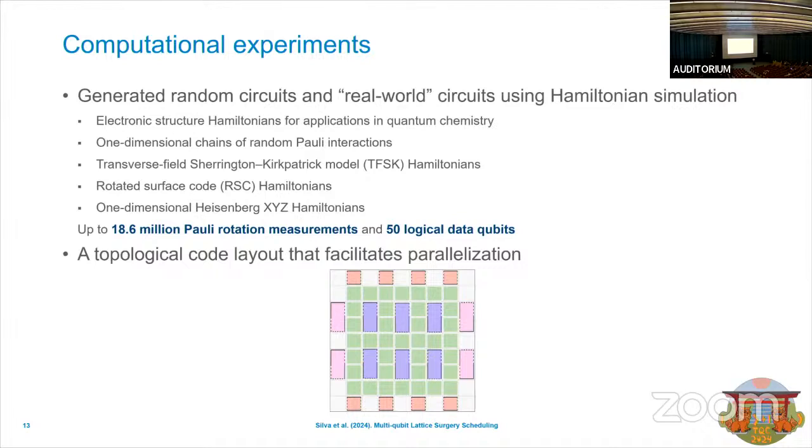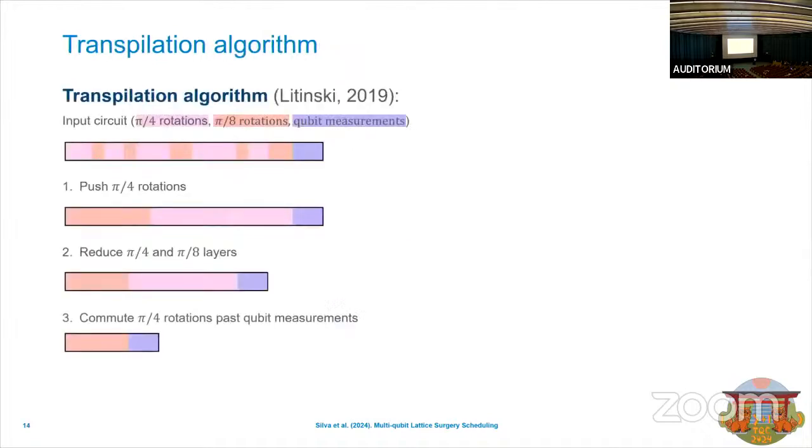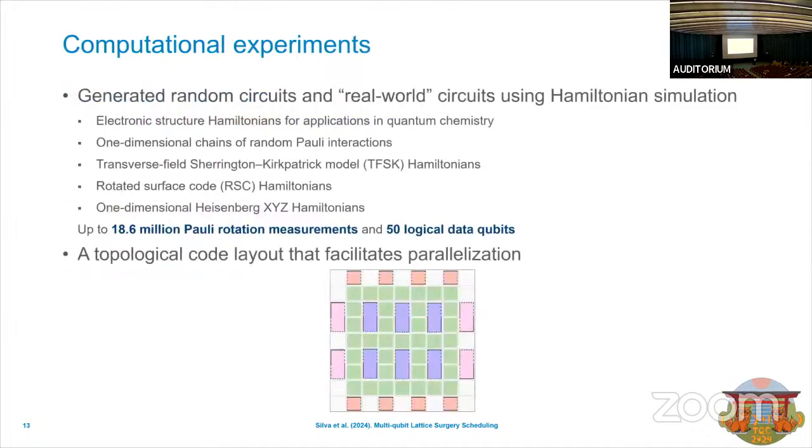But from this list here, we generated circuits with up to 18 million Pauli rotations and up to 50 logical qubits, data qubits. So basically these purple tiles here. And to facilitate parallelization between the operations, we consider this layout for the algorithmic area, the core of the device, because we have multiple ways to connect the different qubits using the quantum bus.